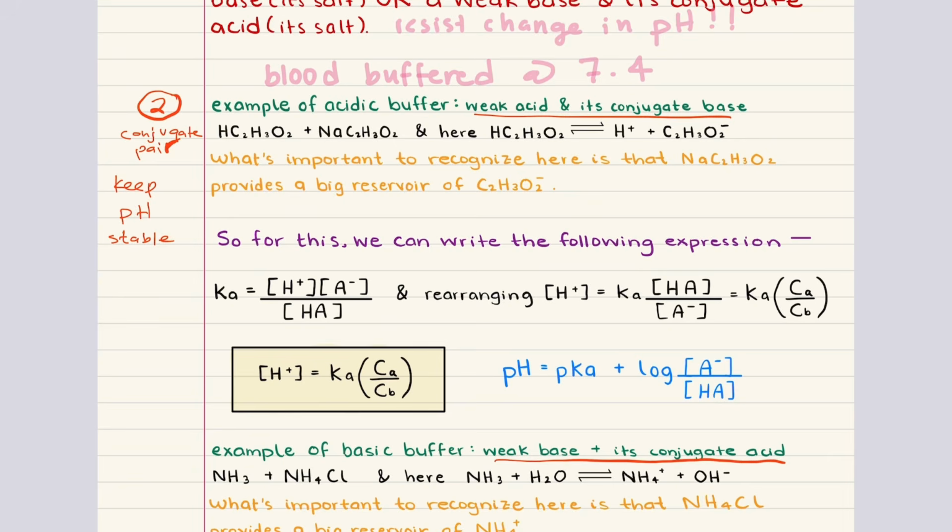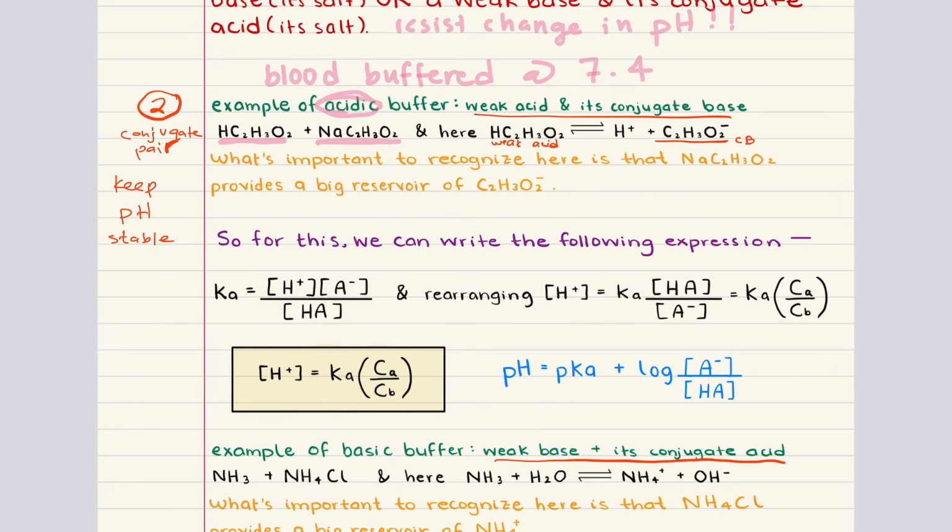Now let's begin with discussing an acidic buffer. A classic example is acetic acid mixed with sodium acetate. The weak acid, acetic acid, can donate protons in equilibrium, while the salt provides a large supply of acetate ions, which is the conjugate base.